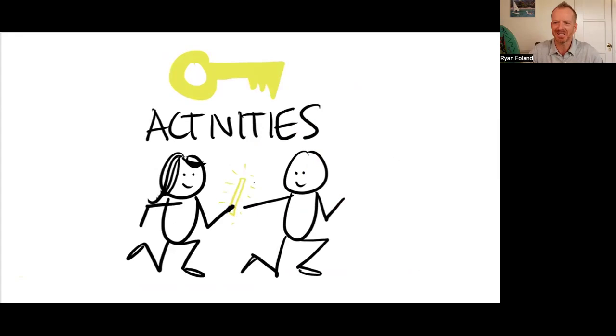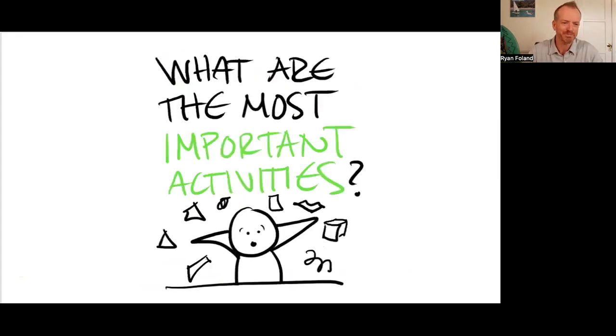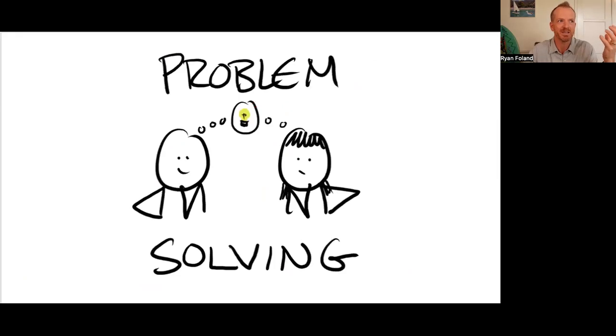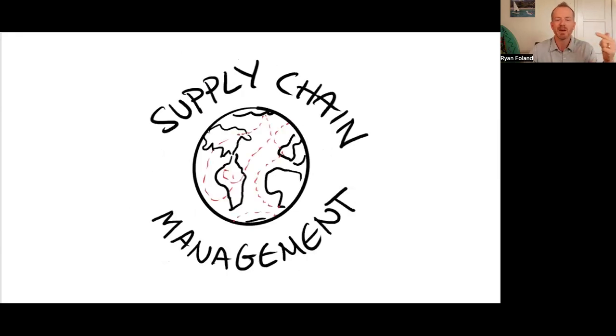So many people get stuck in just activity and not productivity, but that's a different video. What are the most important activities that you're doing? If you're building a product, then you've got production. If you are developing something that is driven with technology, you got to understand how you're solving the problem. There might be a supply chain management you might need to think about.